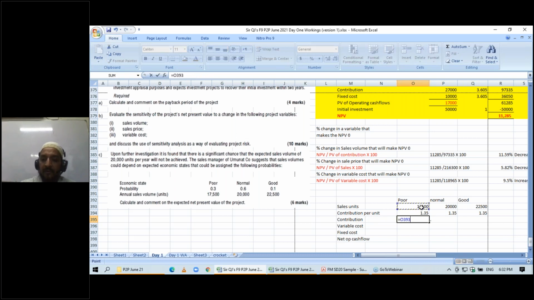So 17,500 into the contribution per unit gives you the contribution per annum, and then if we deduct the fixed cost from it, which is 10,000 each year, in 3 situations, then you get the net operating cash flow.